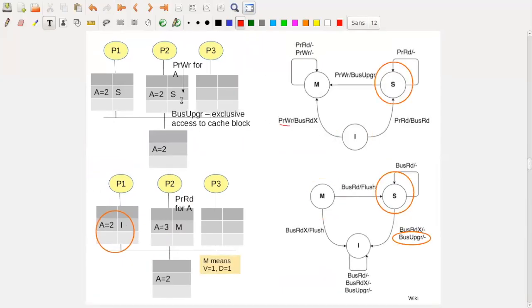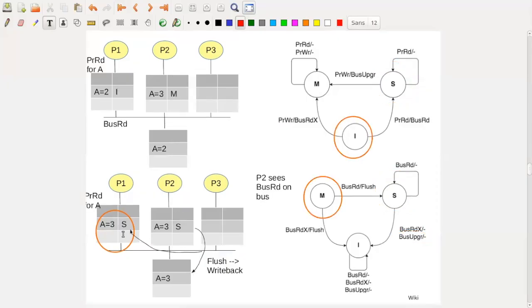So we send a bus upgrade on the bus. Now this bus upgrade is seen by the other processor P1. P1 is in the shared state. So I come to this diagram here. In the shared state, it sees a bus upgrade and it's going to move to invalid state. So you could just use this diagram blindly, or you could just use your own logic to come up with this change in the states.